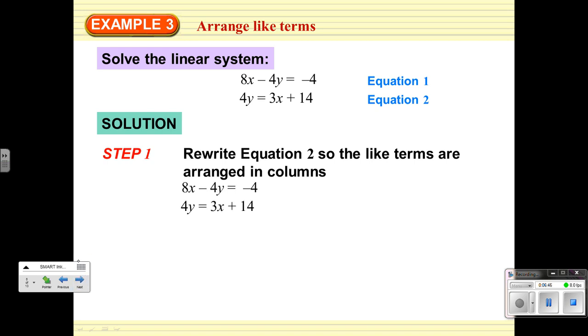So I want to subtract 3x from both sides so that the bottom equation would look like this. I leave the first equation the same, and then I subtract 3x from both sides.